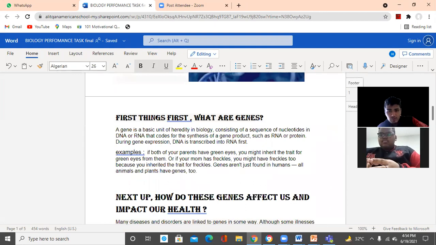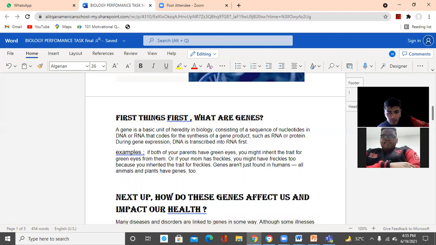So first things first, what are genes? A gene is a basic unit of heredity in biology consisting of a sequence of nucleotides in the DNA or RNA that codes for the synthesis of a gene product, such as RNA or protein, during gene expression. DNA is transcribed into RNA first.